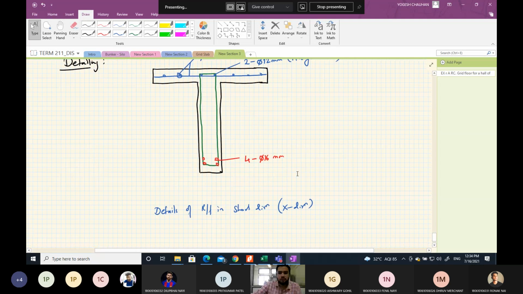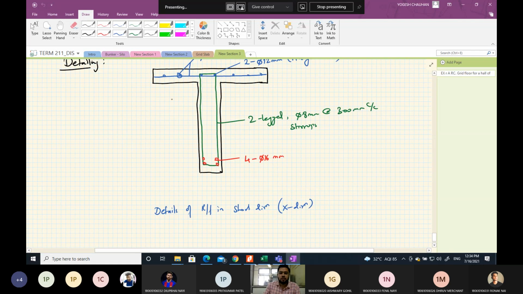And this is the two-legged 8 mm at the 300 mm center to center stirrups. Okay, so this is the detail in short direction.